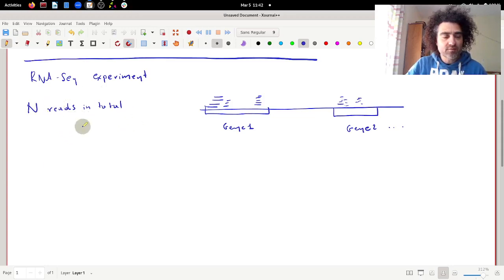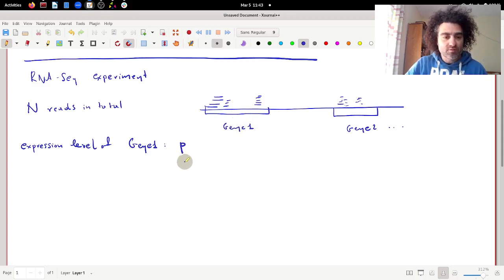Now in this cell that we are studying, or in this organism, let's assume that the expression level of gene 1 can be measured with this number p, which p here is the probability that this gene is expressed.